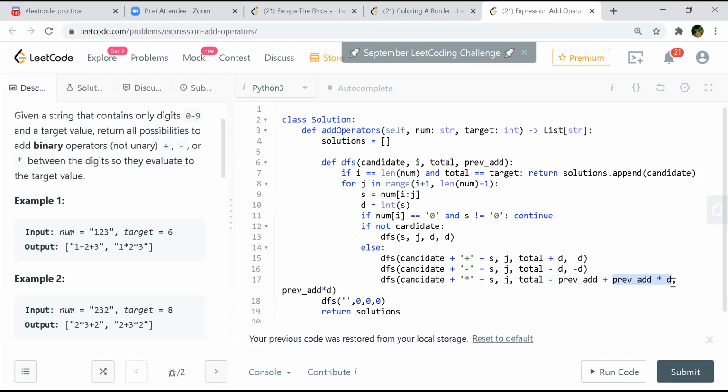So those values can be taken care of in your multiplication DFS. You use that previous add, which will be either negative or positive, multiplied by D, and D is your current input, right?